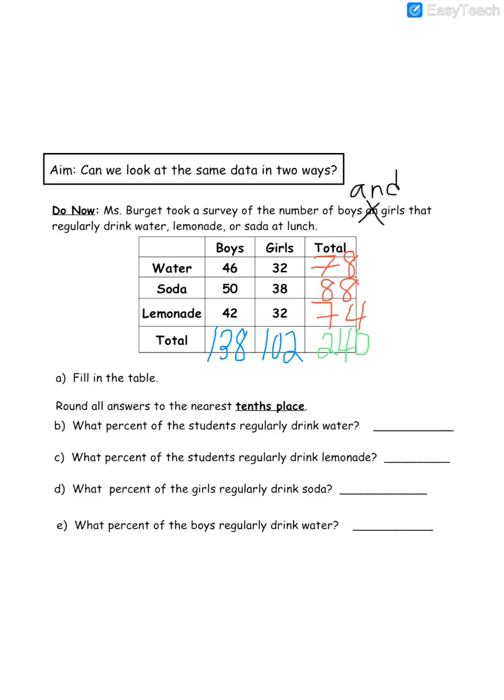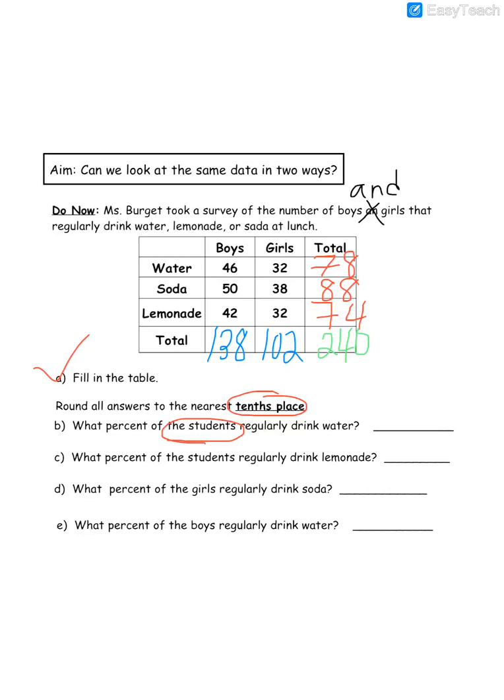Okay, so now that we have that information, we're going to use that information to answer questions on this table. So it says fill in the table. We did that. Round all answers to the nearest tens place. So that's only if it's necessary will we do that, but I think it's going to be necessary for many of these things. All right, it says what percent of the students regularly drink water? So we're basically asking you, out of all the students that Miss Burgett surveyed, we want to know what is the percent that drink water.